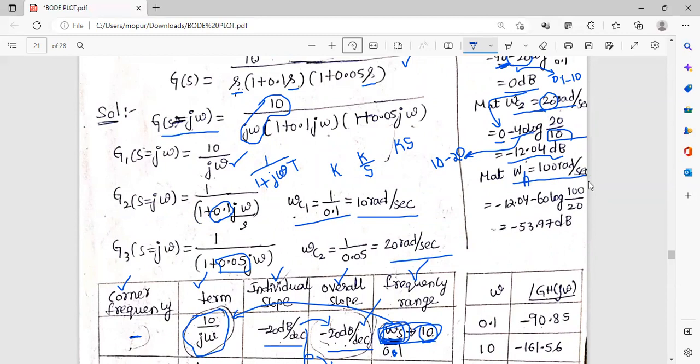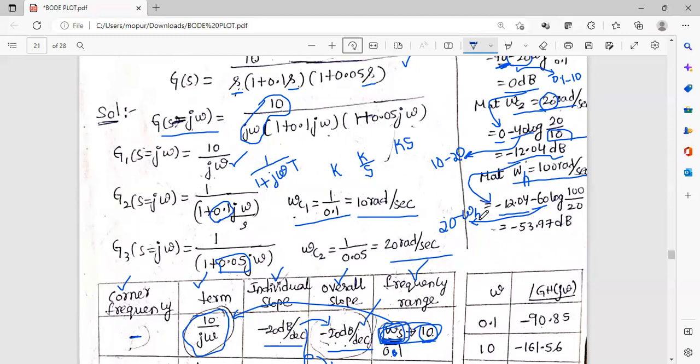So at the higher frequency, the first step is the magnitude at the previous frequency, that is the magnitude at 20 radians per second, which is minus 12.04. Then minus 60 is the overall slope between 20 and this higher frequency, 20 to omega h. See, this minus is not part of the formula.